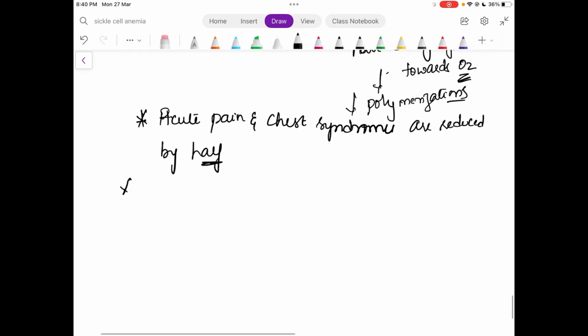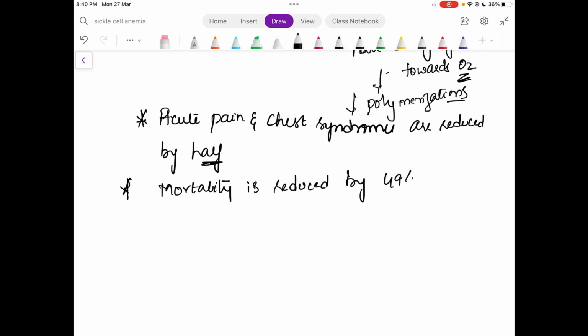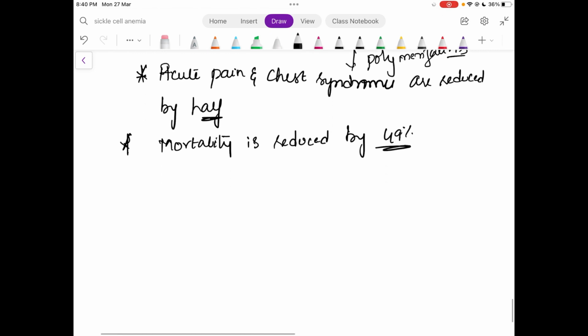And mortality is reduced by 49%. The dose which is given to the patient in the early first year of life is 20 milligrams per kg body weight.